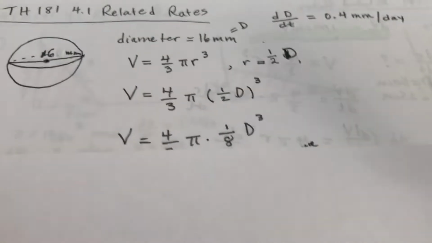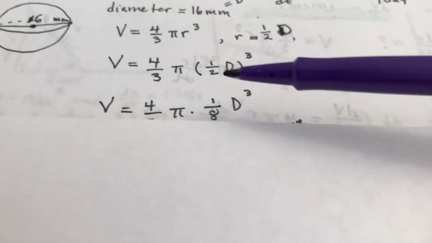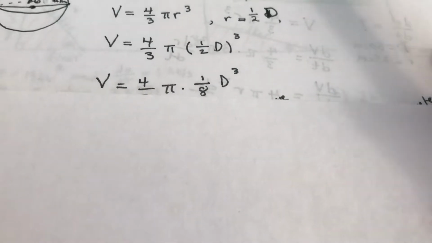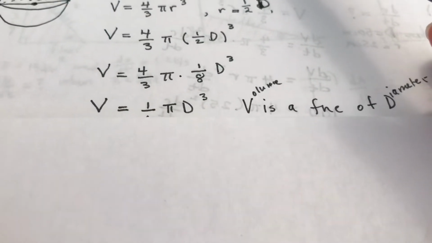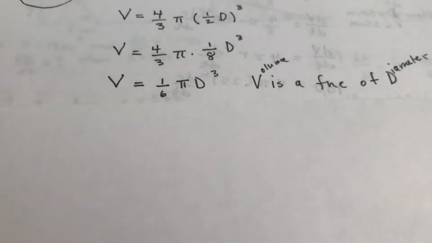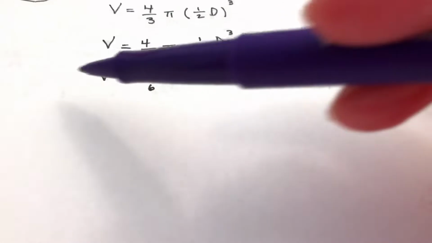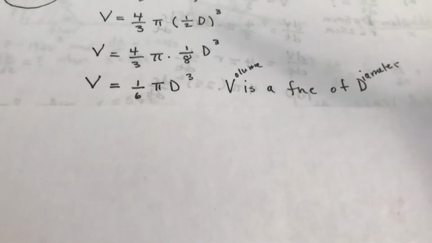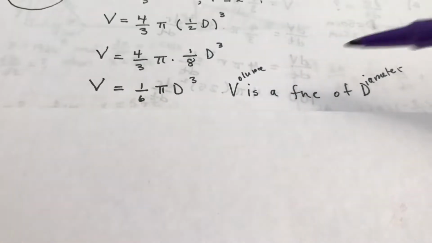Then I get 4/3 pi, and 1/2 cubed is 1/8, so we get d cubed here, and our volume is equal to 1/6 pi d cubed. This is a formula of volume with respect to diameter instead of radius. So that's what I wrote here: volume is a function of diameter.